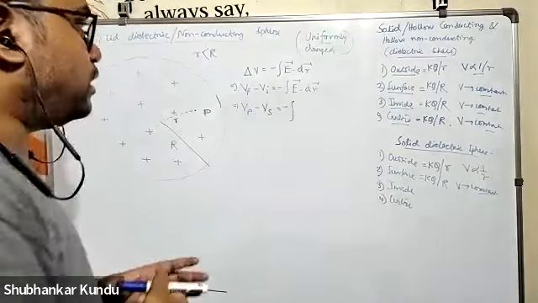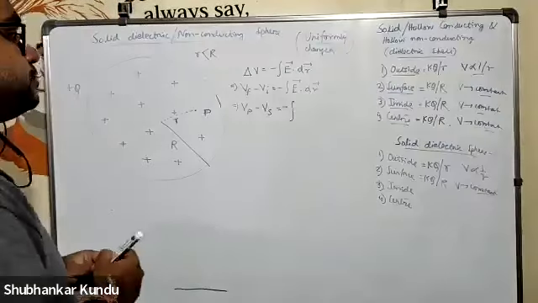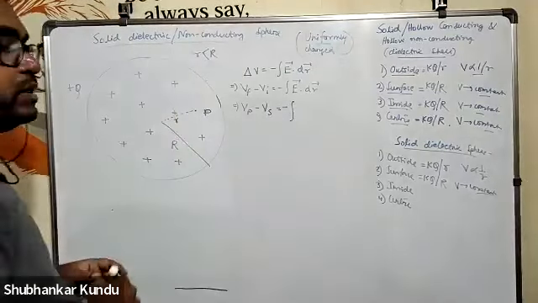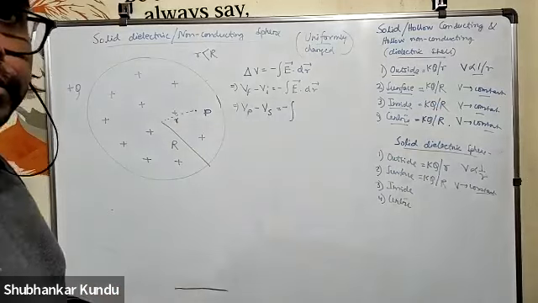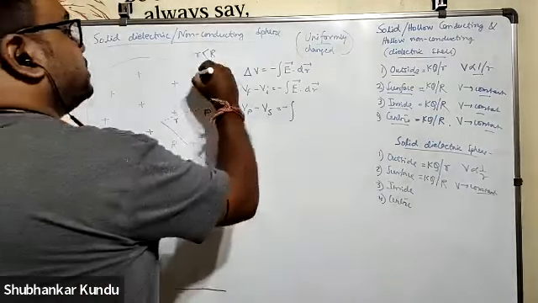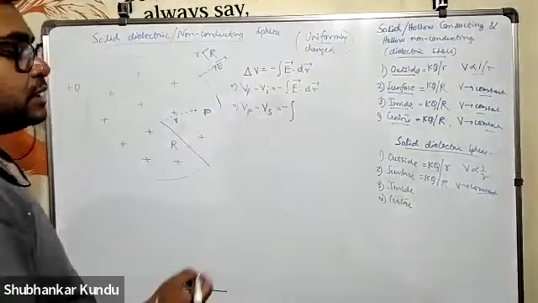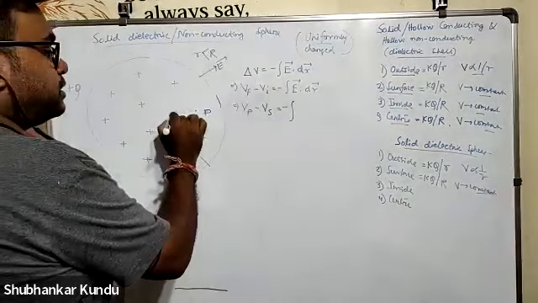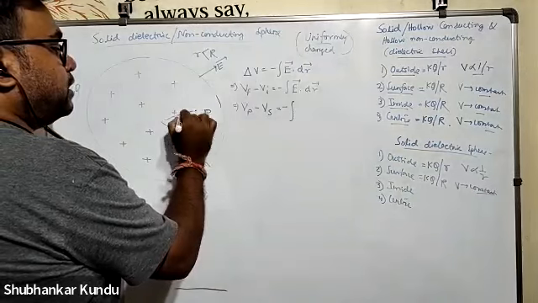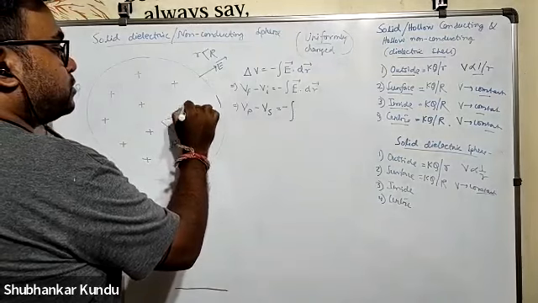And what about E dot dr? Because the volume is uniformly charged, we imagine the electric field is outward. The direction of dr, because the distance is always taken from the center, will also be outward.